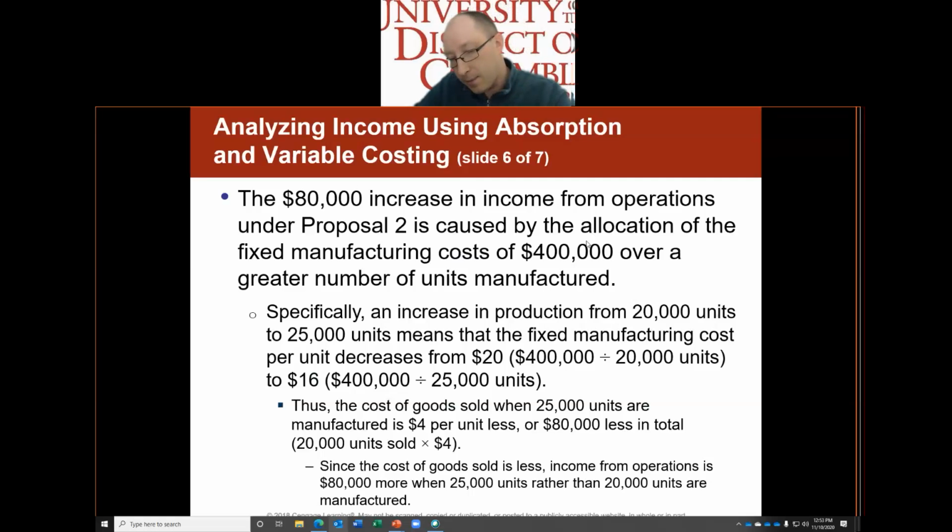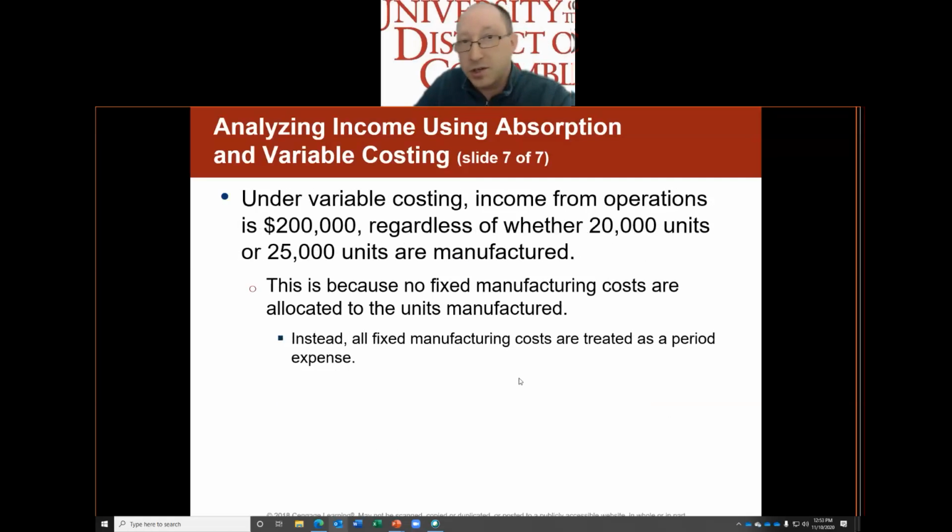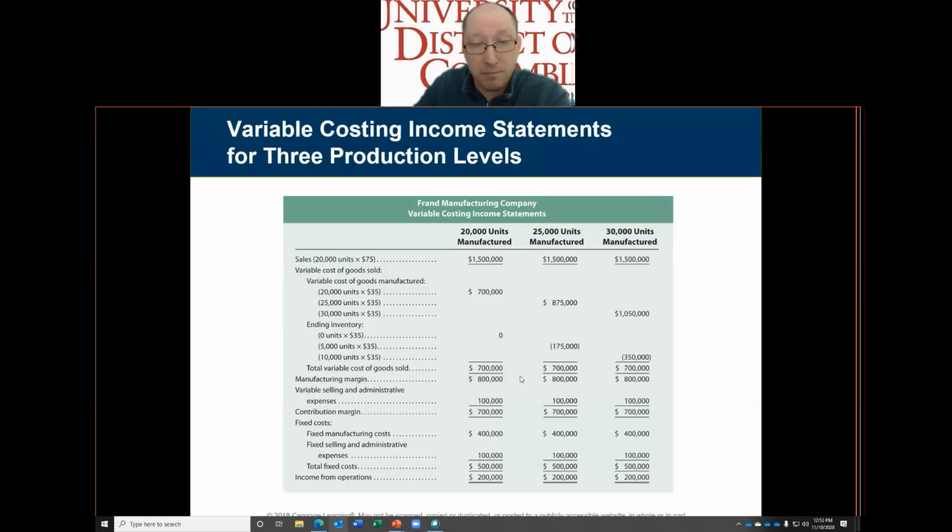So again, the more units we manufacture, the lower our total fixed cost per unit will be. And when that happens, we typically see a lower total cost per unit. That's just what all that summarizes, right?